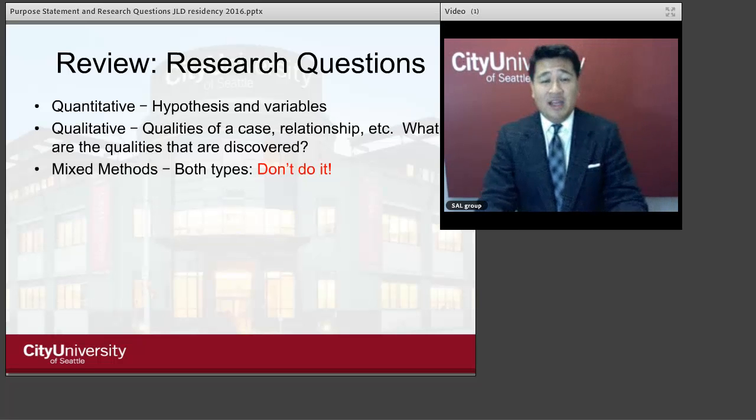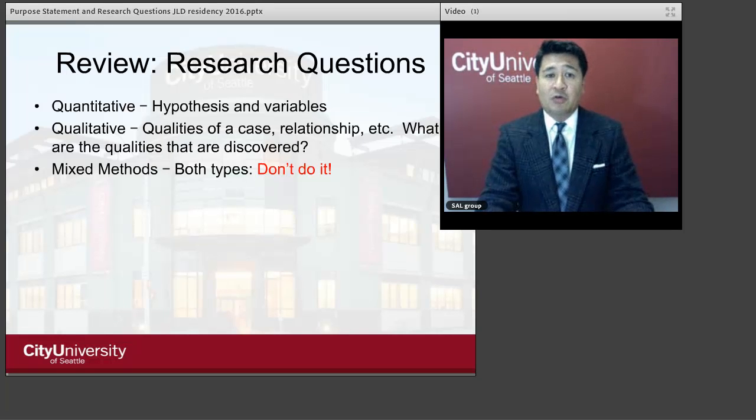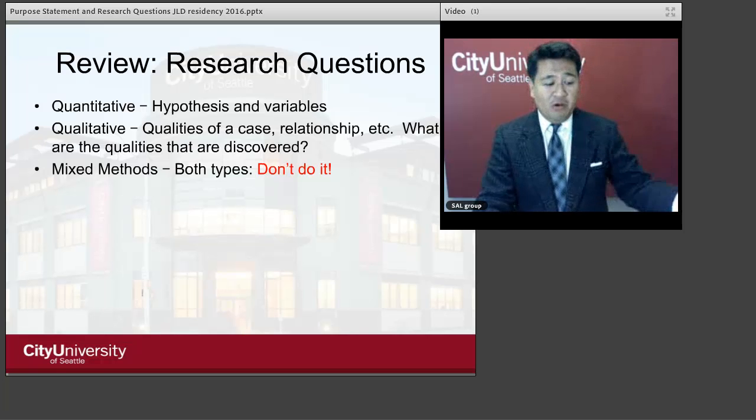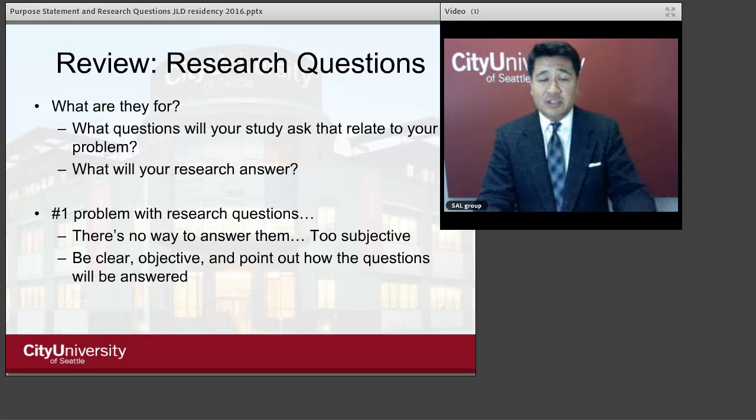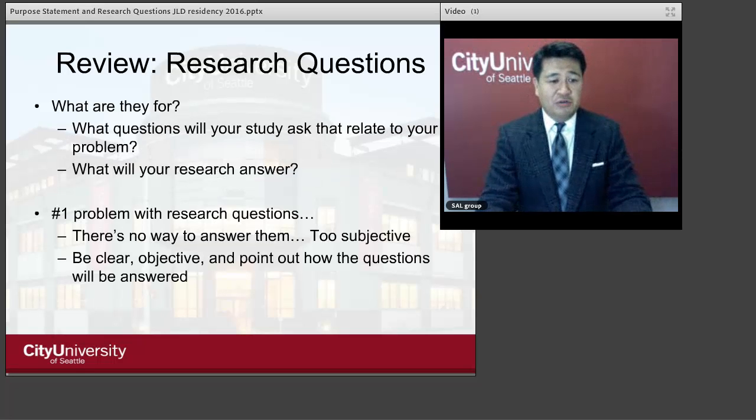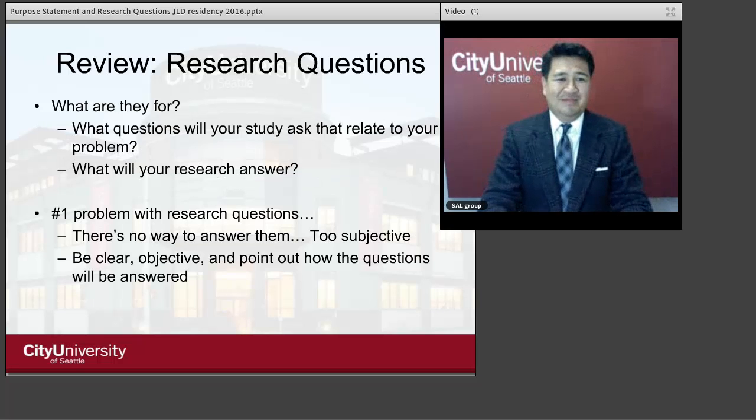One of the reasons why is that it takes a lot more time, and you have to be skillful in both the quantitative and qualitative methodology, and then you have to synthesize the 2 together. So there's a lot more work in mixed method studies. Again, we won't say no, but we highly encourage you to not do it.